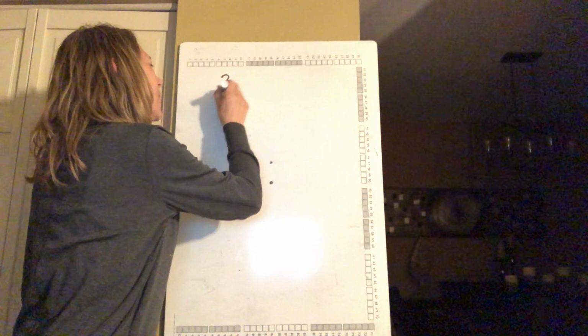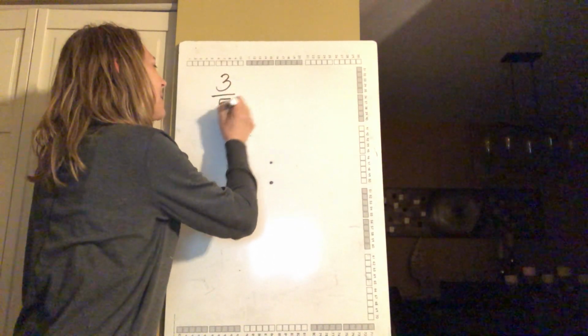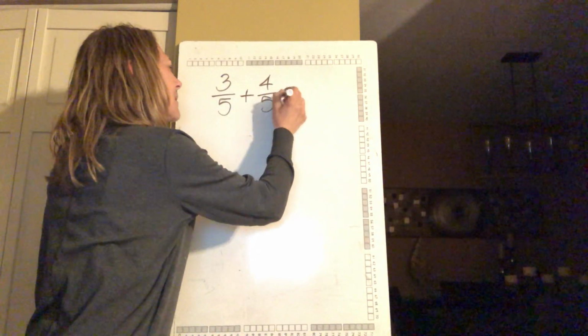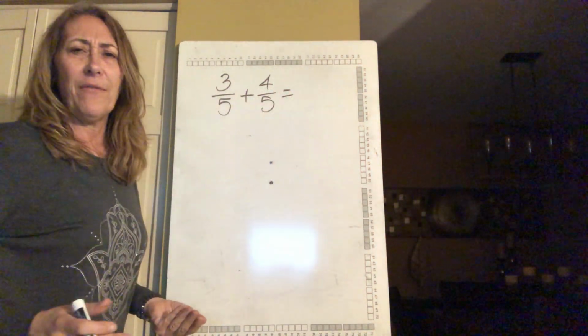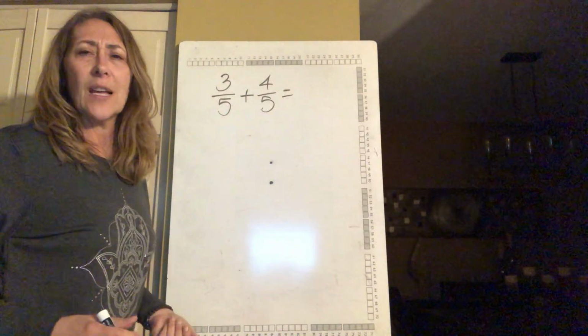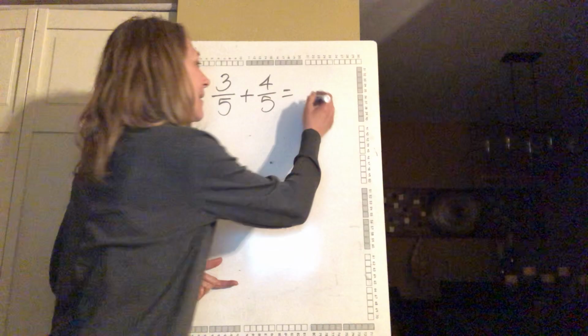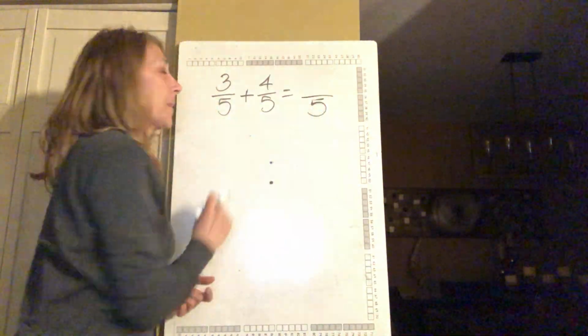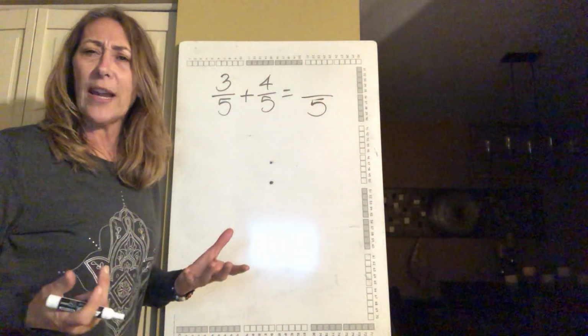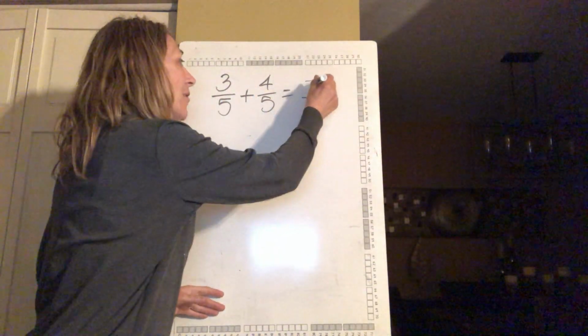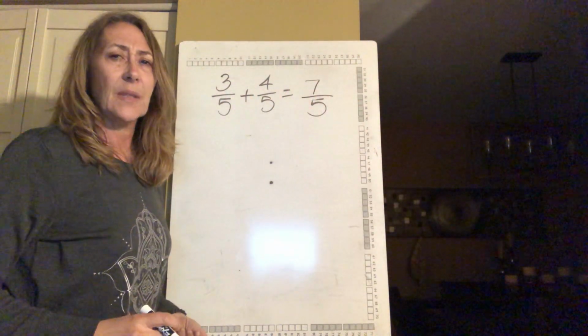Let's do 3/5 plus 4/5. 3/5 plus 4/5. What's my denominator? My pieces are fifths. Now I can add my top numerators. 3 plus 4 are 7. 7/5.